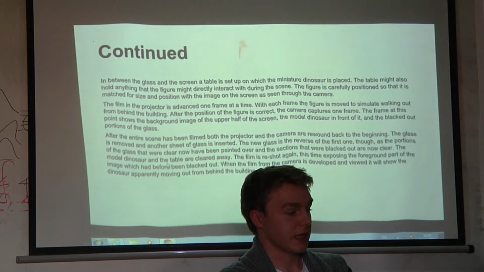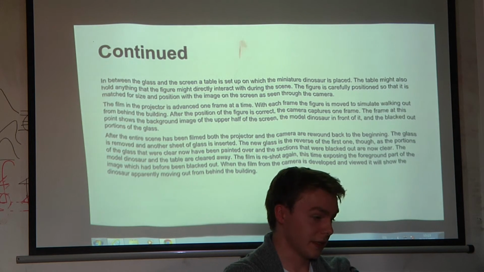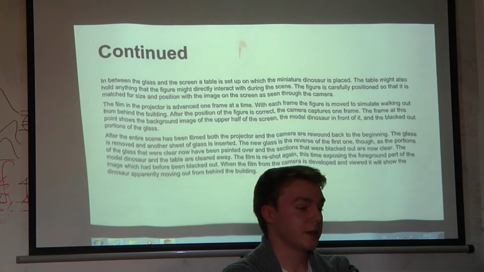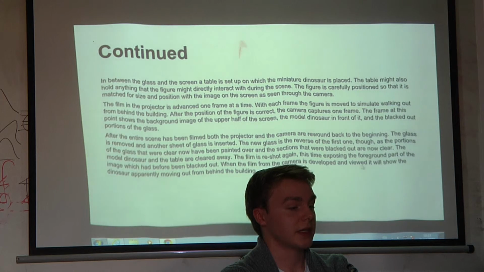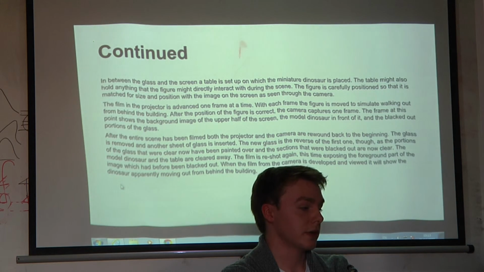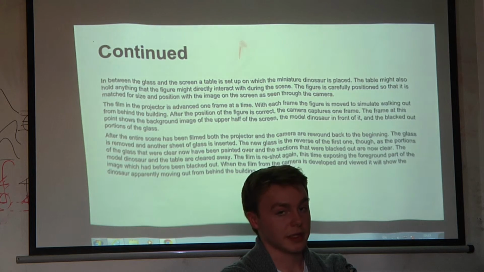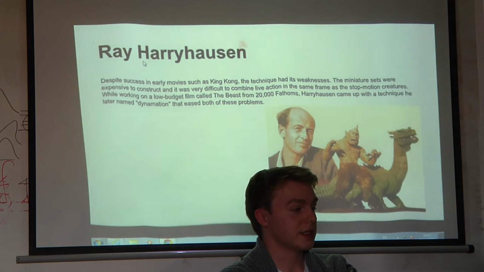The model dinosaur and the table are cleared away, and the film is reshot, this time exposing the foreground of the image, which had been blacked out before. When the film from the camera is developed, it will show the dinosaur apparently moving out from behind the building.